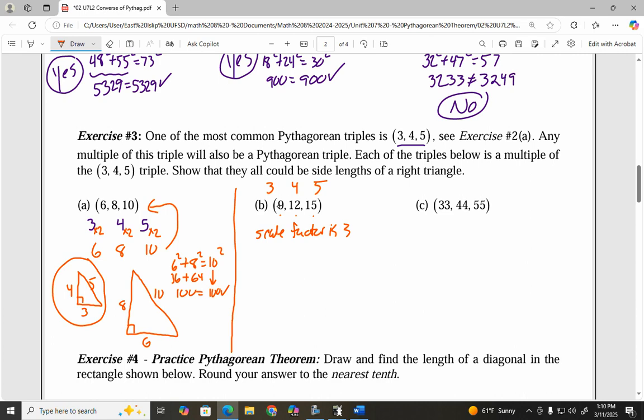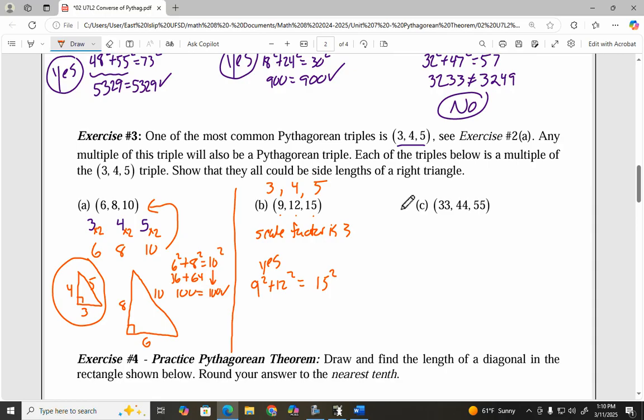So if you notice it's a multiple of a 3, 4, 5, then you could just say, yep, it's a Pythagorean triple, because if you multiply a 3, 4, 5 triangle by 3, then you get a 9, 12, 15. If you don't notice that, then you just do the Pythagorean theorem. You just do the 9 squared plus the 12 squared and prove to me that it equals 15 squared.